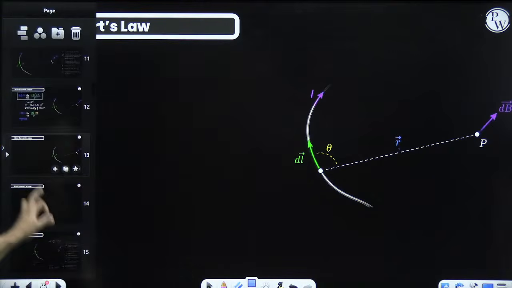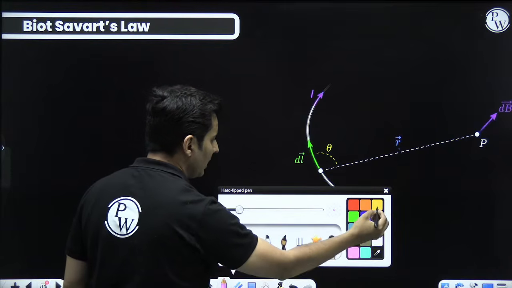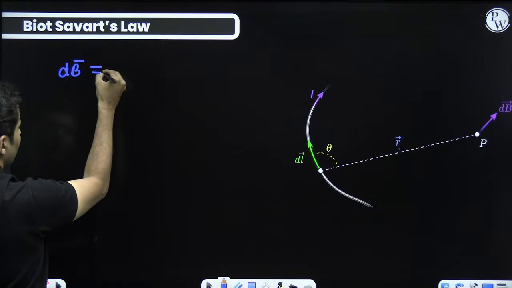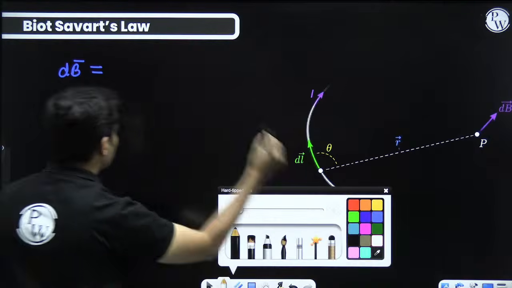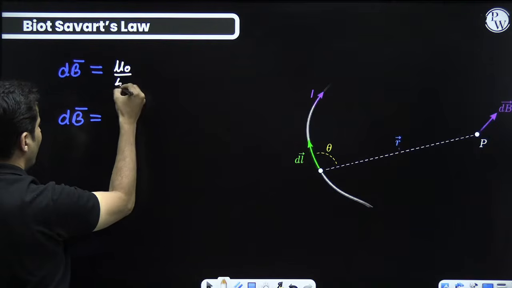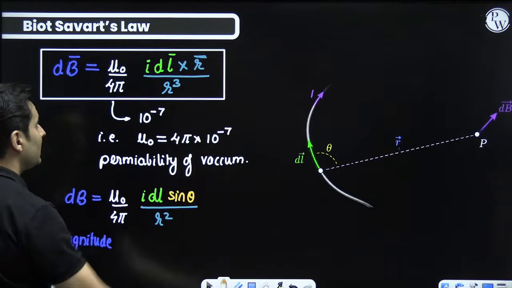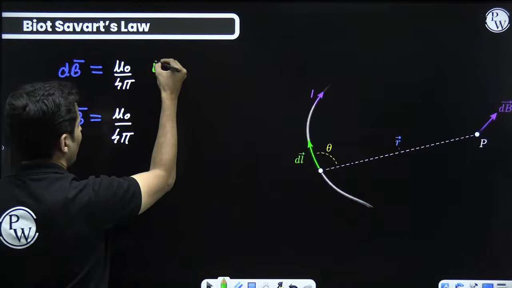Now what some books do is they take this particular formula, which is dB is equal to, yes, you write mu naught by 4 pi as it is. I dl bar also as it is, guys, no change in that.